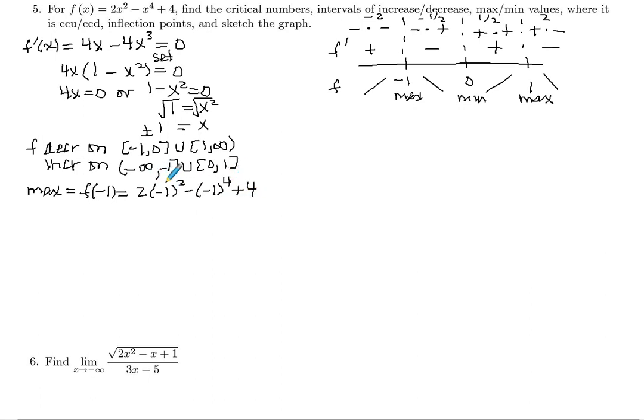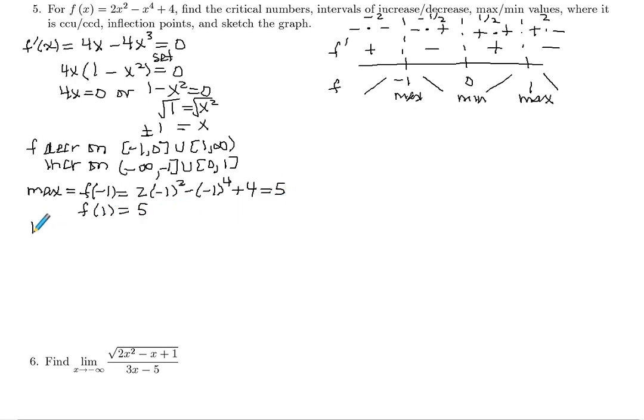So this is going to be 2 times 1 is 2 minus 1 is 1 plus 4 is 5. And then we've also got a max at 1. And that gives us the same thing, 1 squared and 1 to the 4th, because they're even powers. So notice that f of 1 also equals 5. So we've got a max of 5, and it occurs at two places, negative 1 and 1.